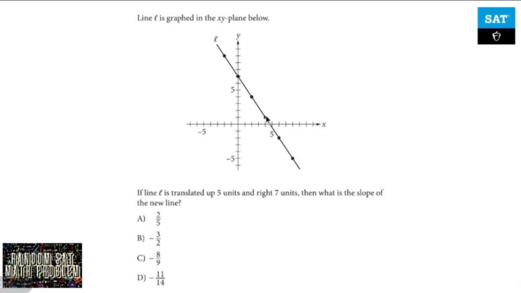So this slope appears to be up 1, 2, 3, over 1, 2. So the slope appears to be negative 3 over 2. If you move the line, the slope doesn't change, so the answer is still negative 3 over 2. Not bad.